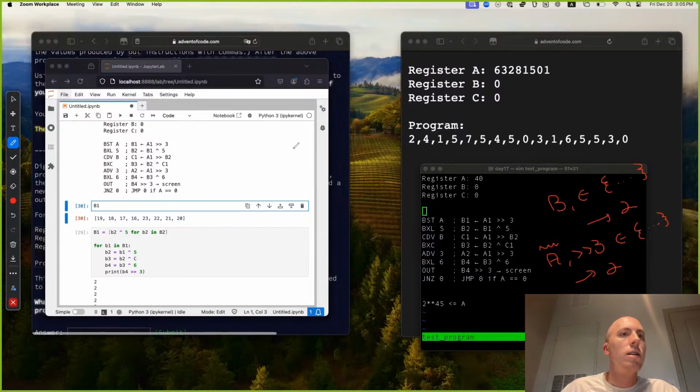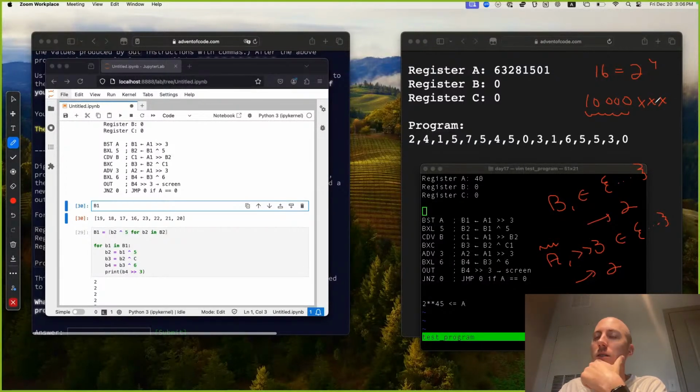Let's just look at 16, for instance. 2 to the 4, right? So it's 1, 2, 3, 4. So all the numbers such that when you shift it over by 3, you're going to get this number. So it's basically this number plus all the combinations, permutations of this, I guess.